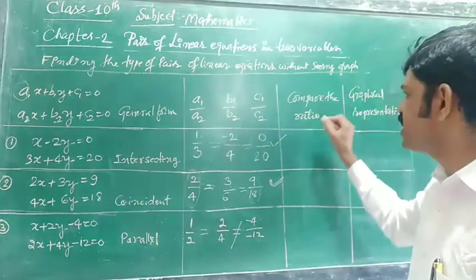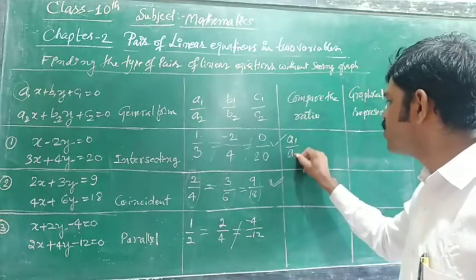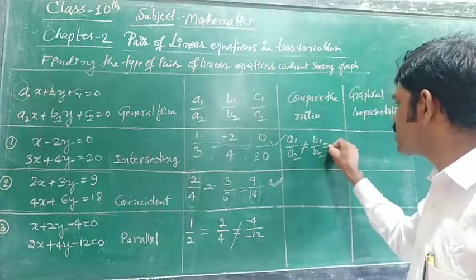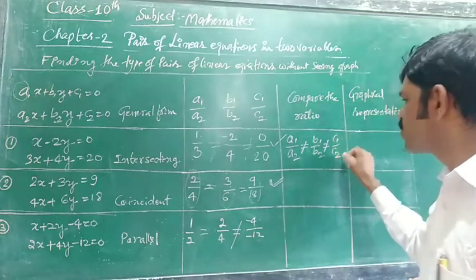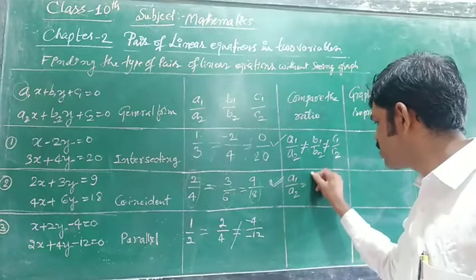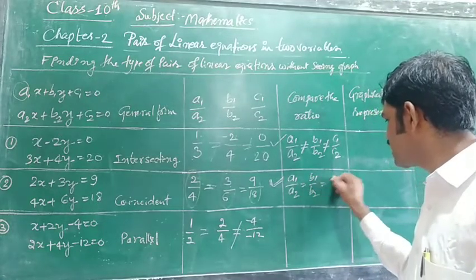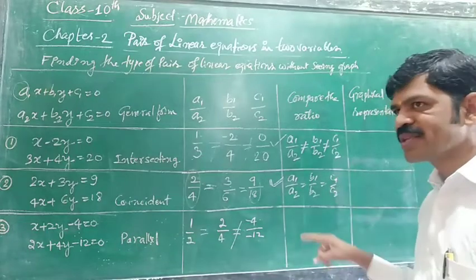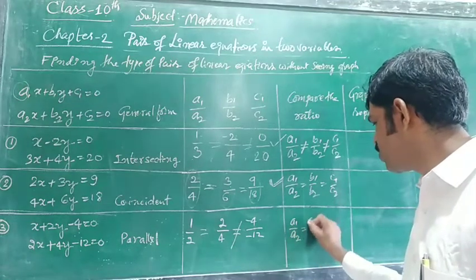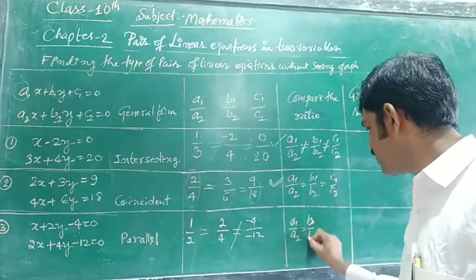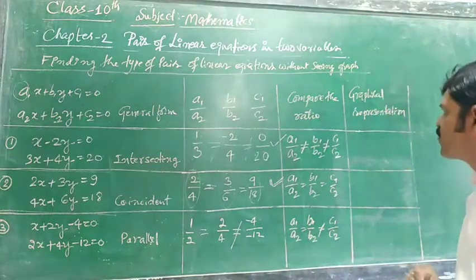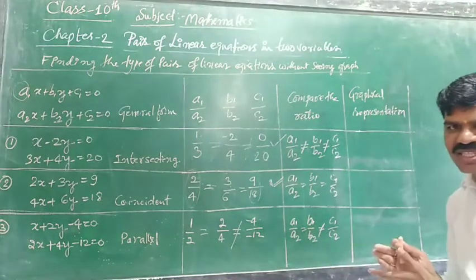In the coincident case, a1 by a2 is equal to b1 by b2 is equal to c1 by c2. In the parallel case, a1 by a2 is equal to b1 by b2, that is not equal to c1 by c2. So that's it.